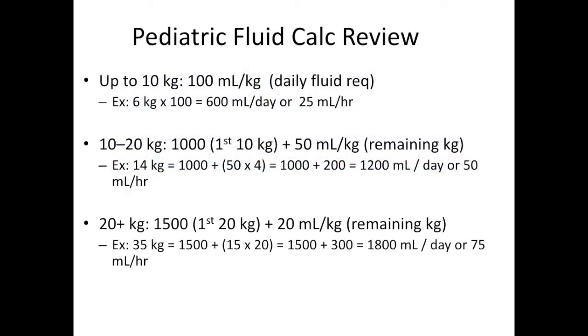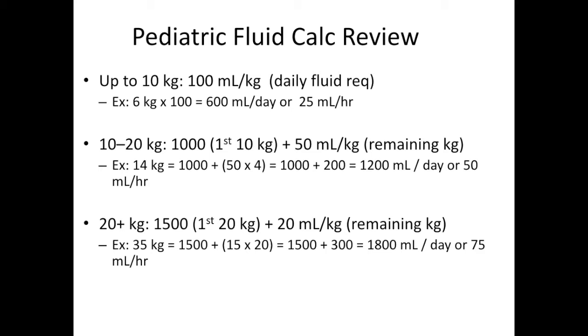We'll review briefly the pediatric fluid maintenance calculations. So for the first 10 kilos of a child's weight, we administer fluids at a rate of 100 mLs per kilo per day, and then we divide that by 24 to get the hourly rate.